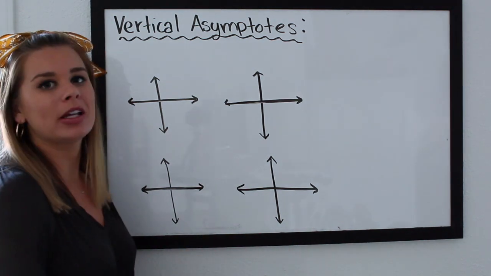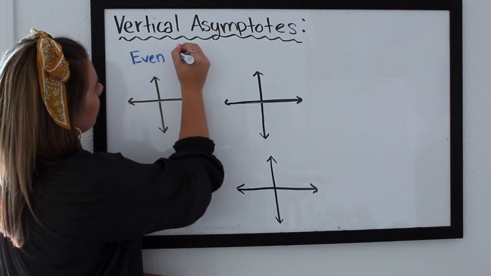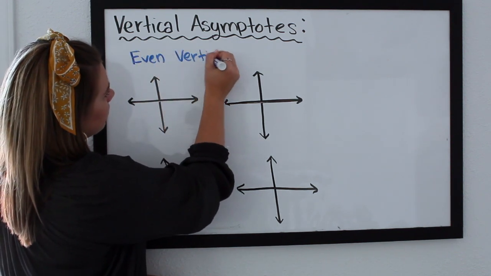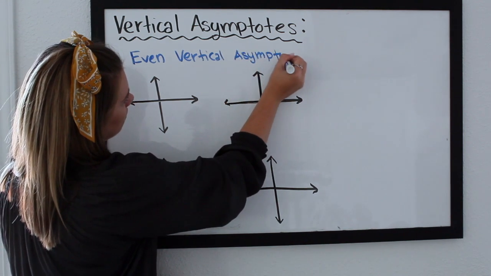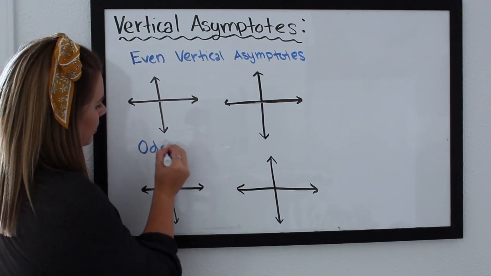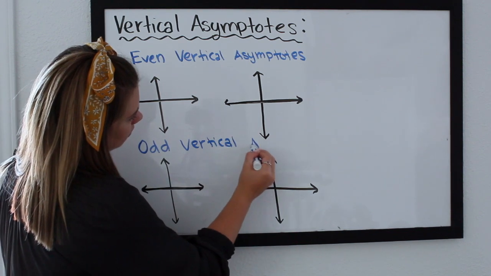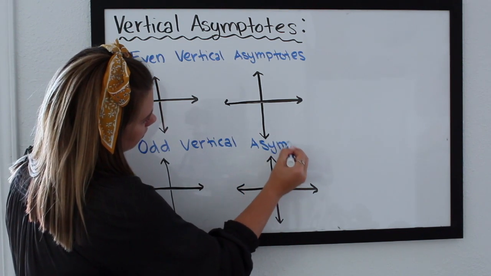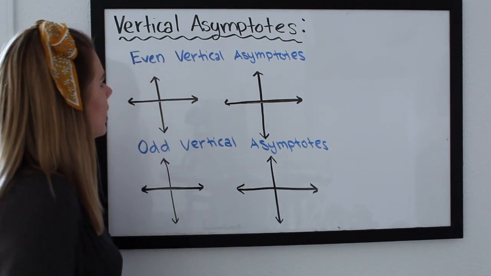We could have what we call even vertical asymptotes, or we could have odd vertical asymptotes. Okay.